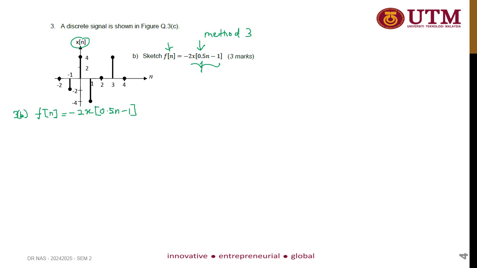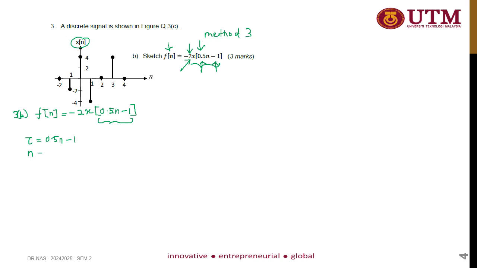You have scaling, shifting, amplitude inversion and also amplitude scaling. I recommend you solve the time-based operation first inside the bracket. So represent the one inside the bracket as tau. So tau equal to 0.5n minus 1.